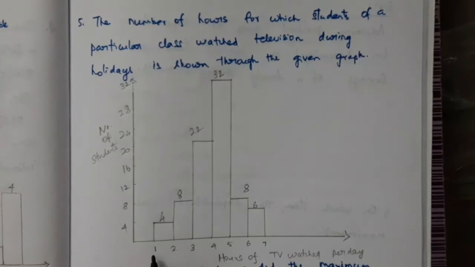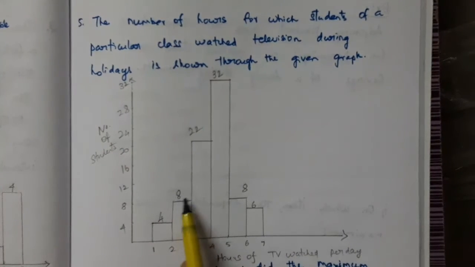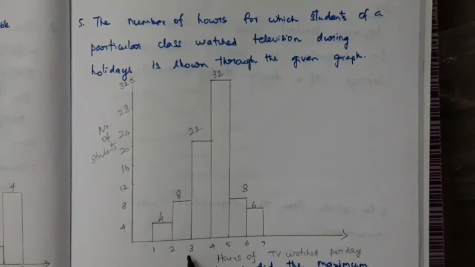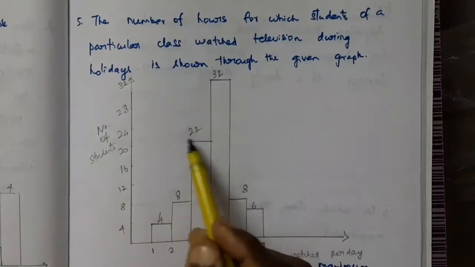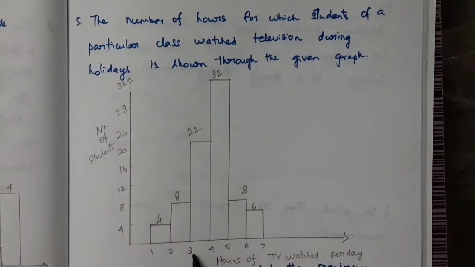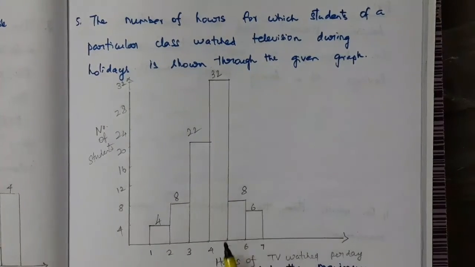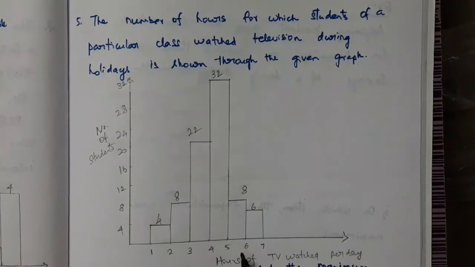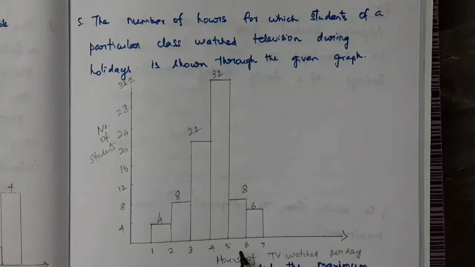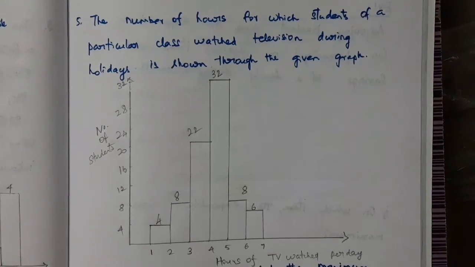So 8 students are watching TV from 2 to 3 hours, and here, 22 students, here is the number of students. So here 22 students watched TV for 3 to 4 hours. So 32 students watched TV for 4 to 5 hours, and here 8 students watched for 5 to 6 hours and 6 watched for 6 to 7 hours. This is the data given here.